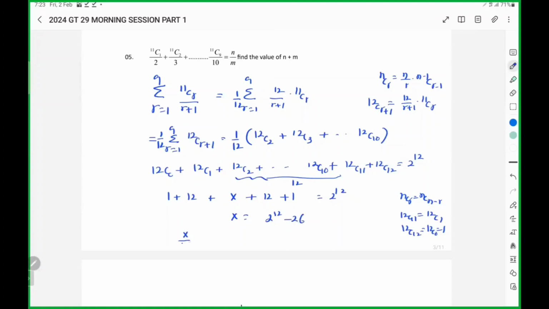But the required expression is X by 12. 2 power 6 is 64, 2 power 12 is 4096, minus 26 by 12, that is 4070 by 12.